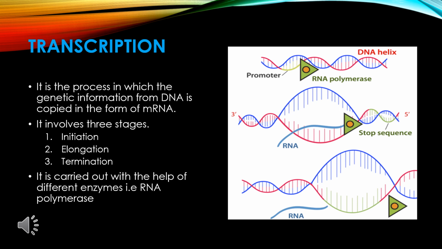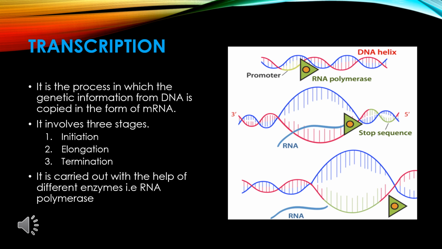So RNA polymerase binds to the promoter region, and what happens next? The basic work it has to perform is to unwind the strand of double-stranded structure of DNA. Only then the transcription will be able to happen. Why?